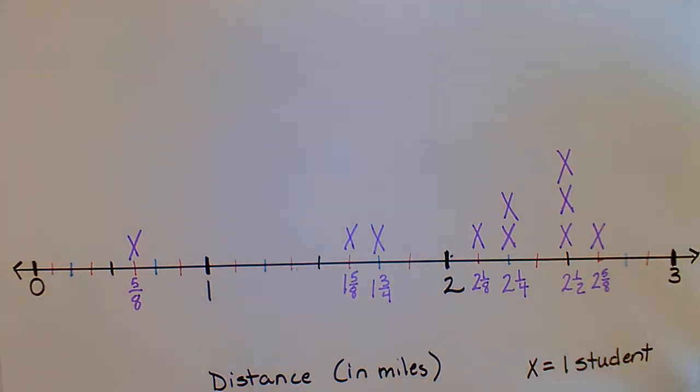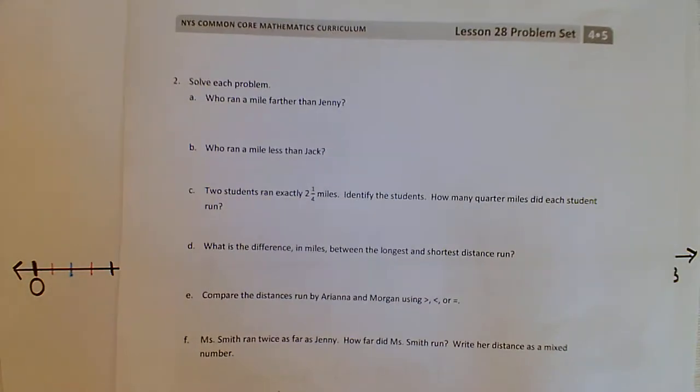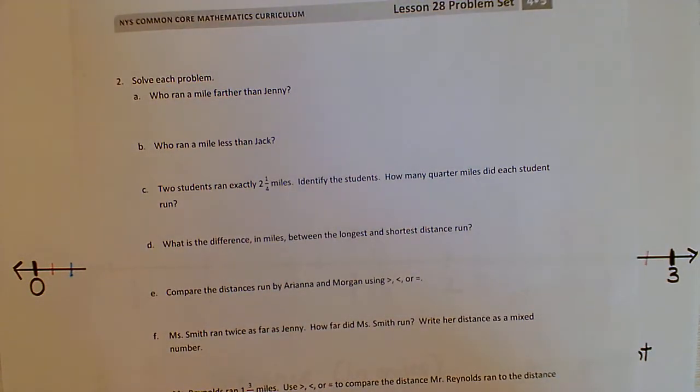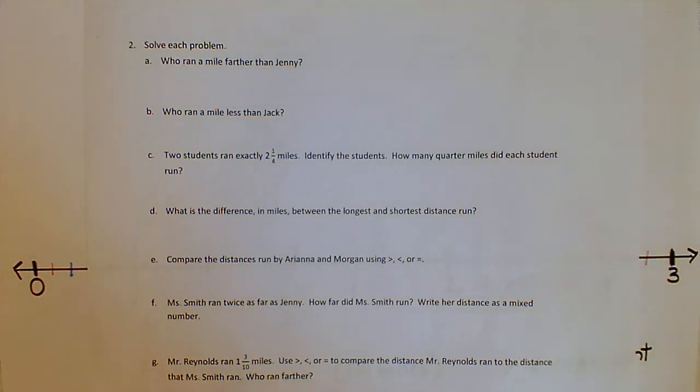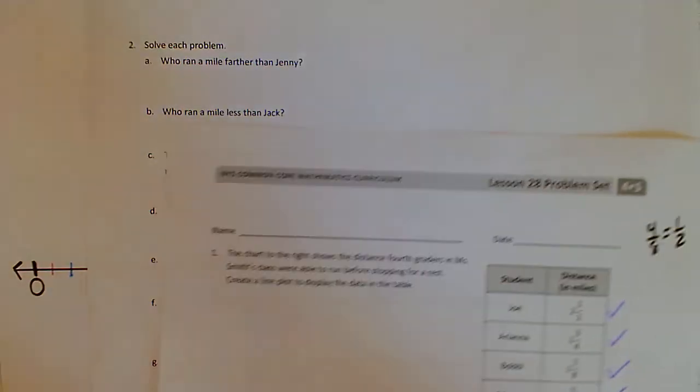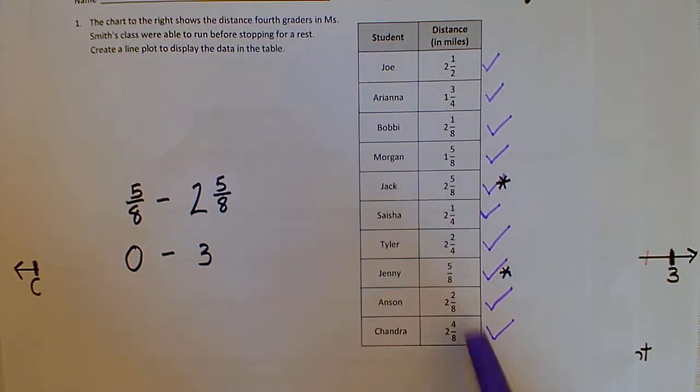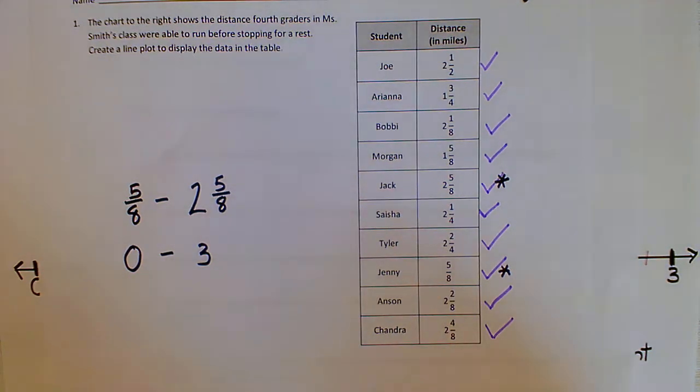All right, so let's jump into these questions. So the first question says, who ran 1 mile farther than Jenny? Now again, on my line plot, I don't know how far Jenny ran. I have to go back to the data. And the data tells me that Jenny ran 5/8 of a mile.